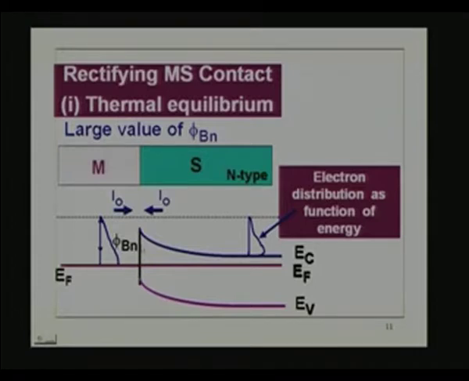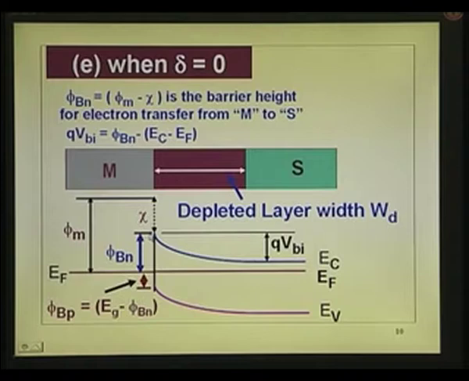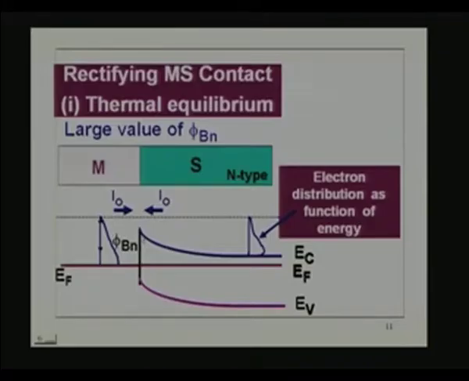So, this is phi_bn, and we are still talking of n-type material, because p-type we can work out the same way. This is phi_bn from there to here. Phi_bn refers to this point, not the whole thing. Let me redraw that so it becomes clearer.